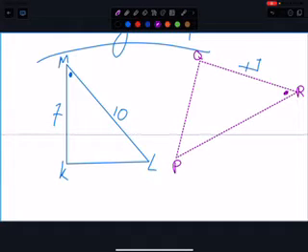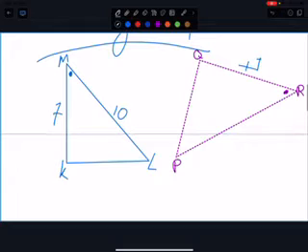And now, for example, they can say, all right, what is the length of QP? Looking at these two triangles, they say, okay, if MK or KM represents on the other triangle QR, what is the length of, well, let me see, PR?